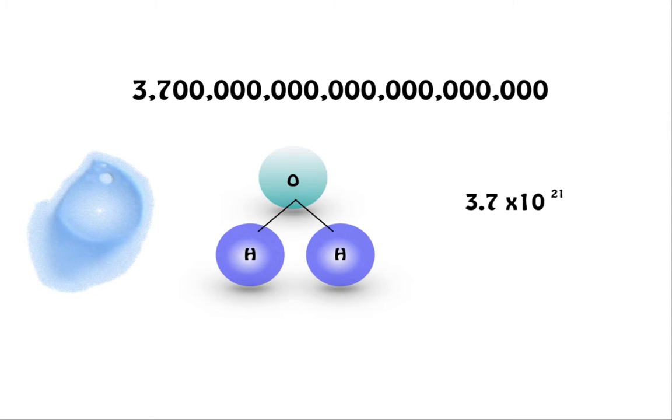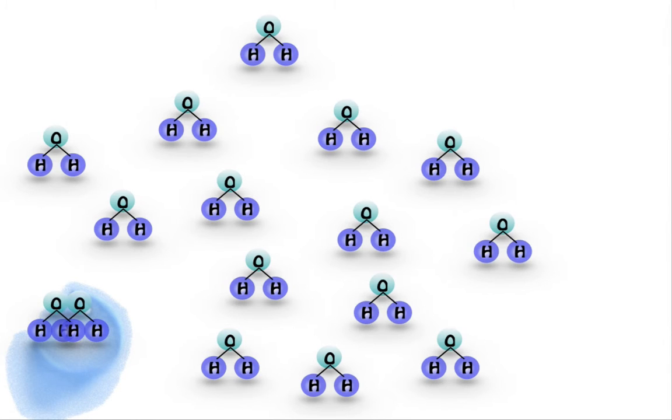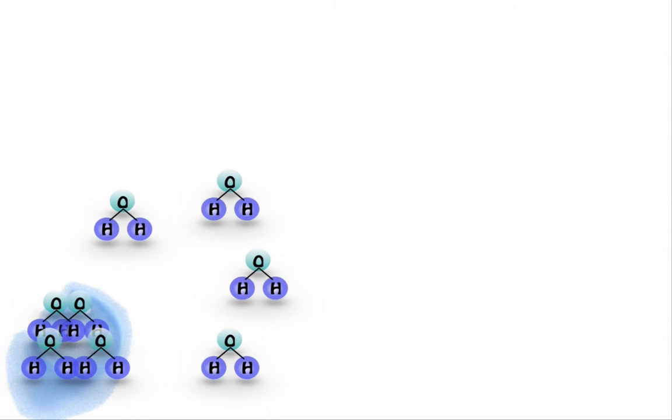That's a lot of molecules. You can picture that many molecules all accumulating and adding up to one drop. So that's a lot of water molecules per drop, 3.7 times 10 to the 21 to be exact. Actually, that's not an exact number, depending on the size of the drop, of course, you can have different numbers of molecules.